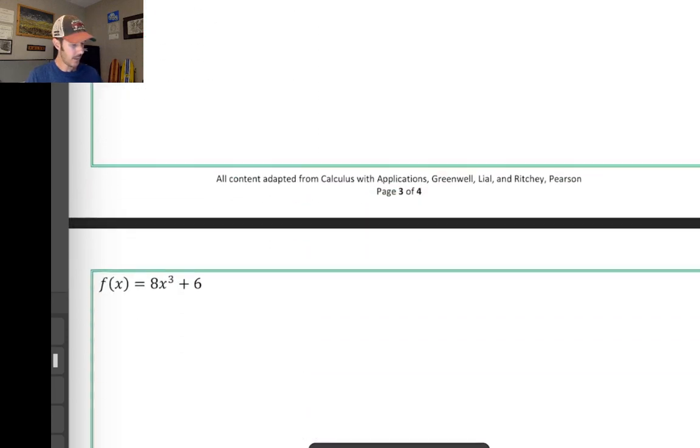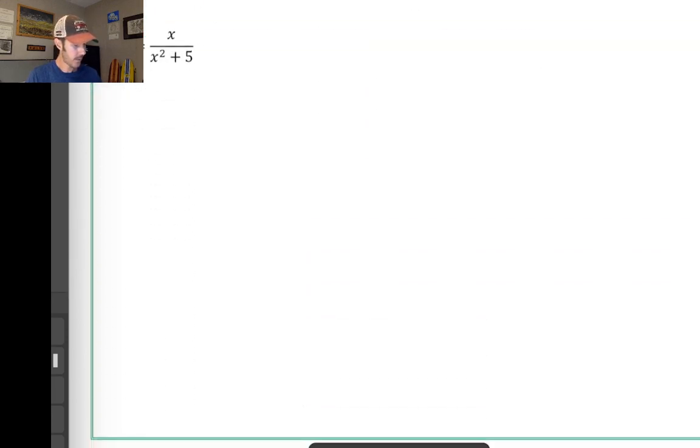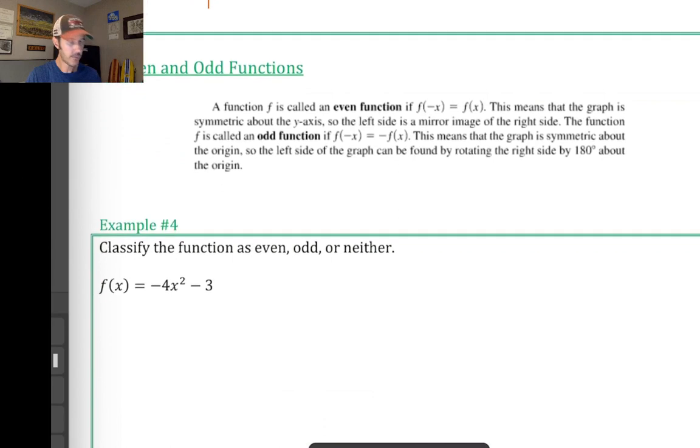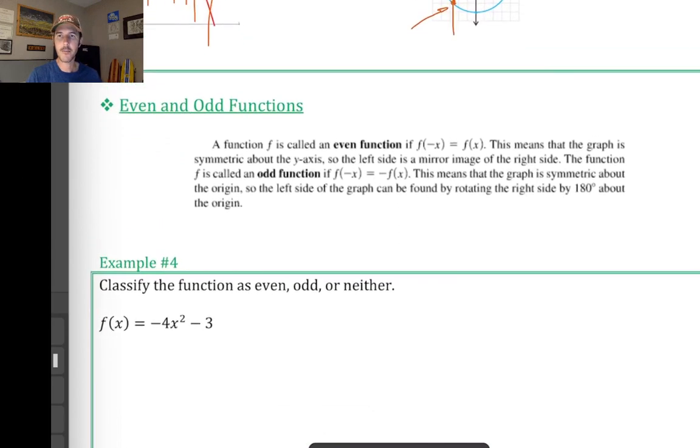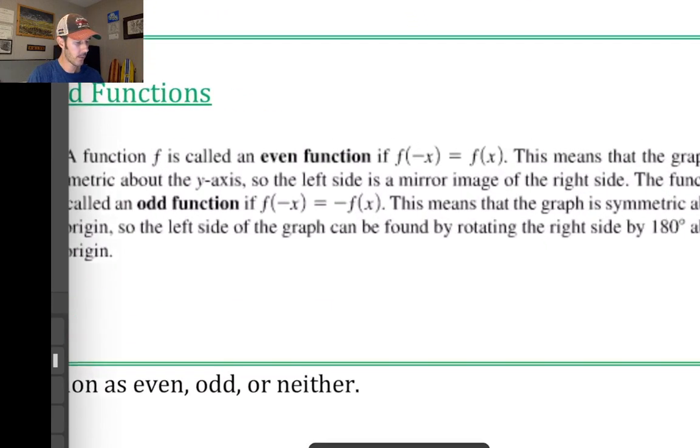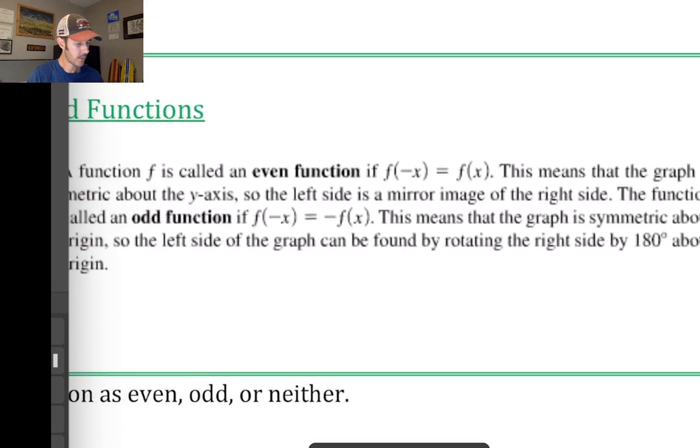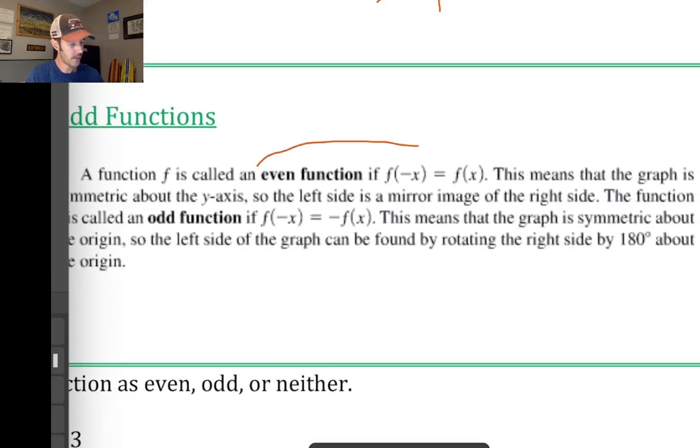And lastly, I believe, we want to look at this topic, even and odd functions. It seems maybe even arbitrary to call a function even versus odd, but just realize that those are the vocabulary terms that we're working with here. And something that should be written into your notes is this definition of an even function.